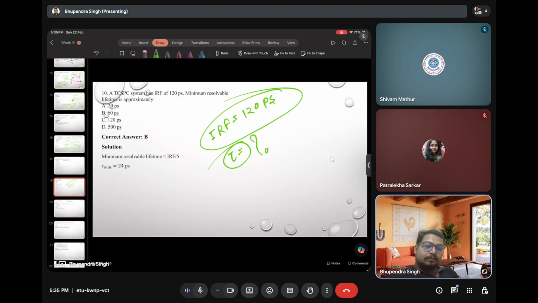This cannot be possible because your sample is a zero lifetime sample. Which means this IRF is coming because your instrument has some error. So this is the instrument error, the instrument response function. You have to measure this before taking the lifetime of the sample, and then you take the lifetime of the sample, and then you have to deconvolute it.